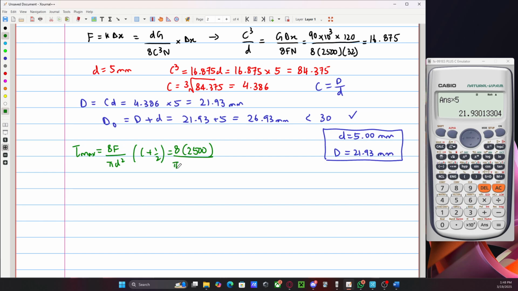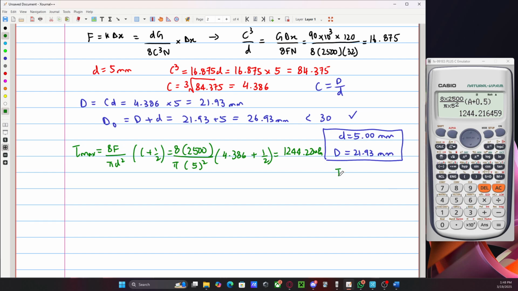Over pi, and our small d is 5 squared, and our c is 4.386 plus a half. So let's check what this gives us. I've already done this calculation earlier, so A is the same still, so 5 and 2,500. And I get 1244.22 MPa.